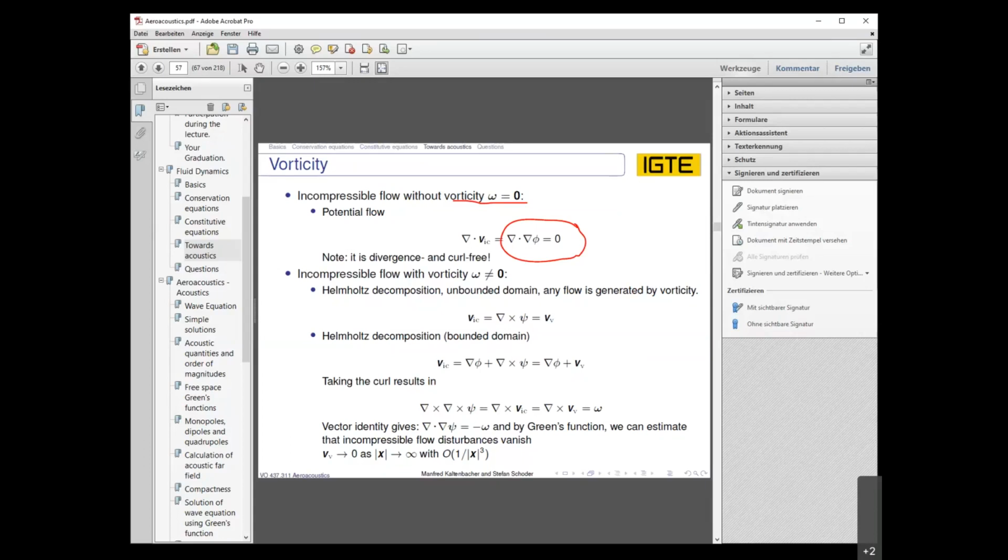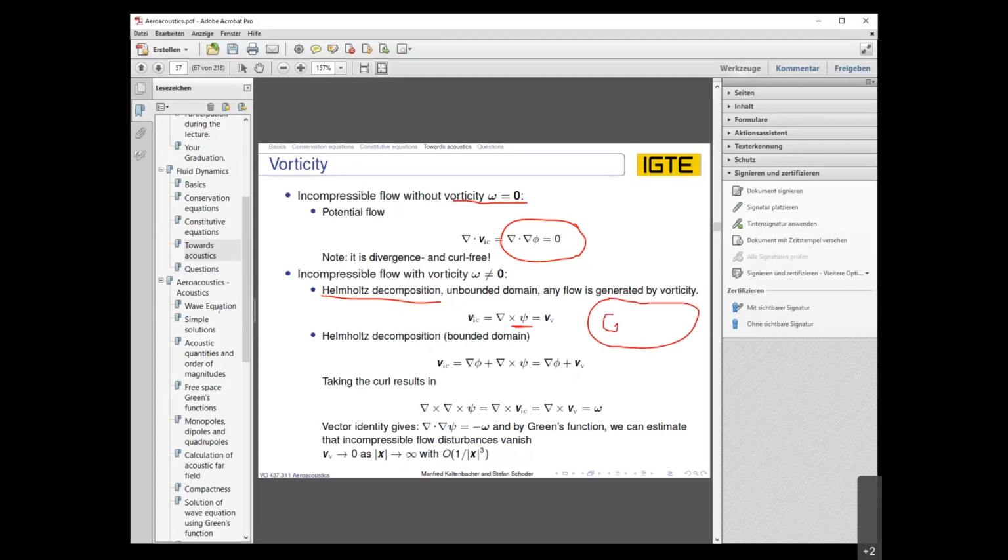For an incompressible flow with vorticity, we have this Helmholtz decomposition. In an unbounded domain, it is purely described by a vector potential. So all vorticity which is in the domain must also be generated somehow. Let's imagine you have some infinite space.